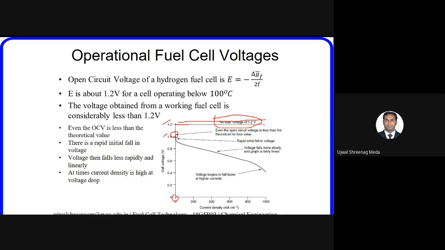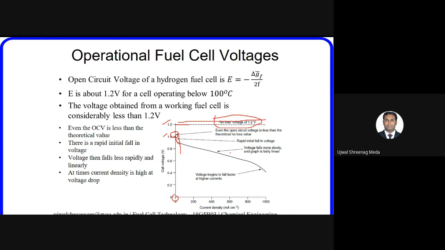Later, the current is being slowly drawn from the fuel cell. With that, the voltage in this region decreases non-linearly and drastically.